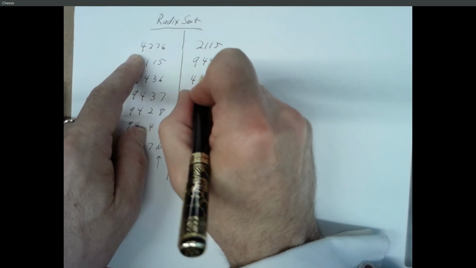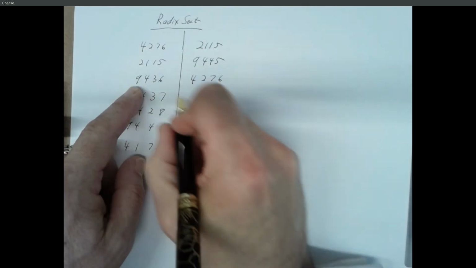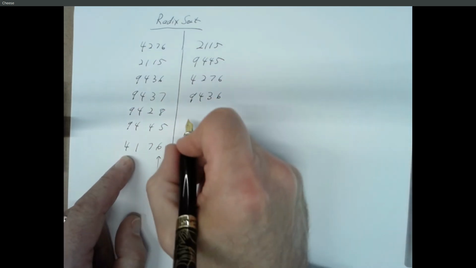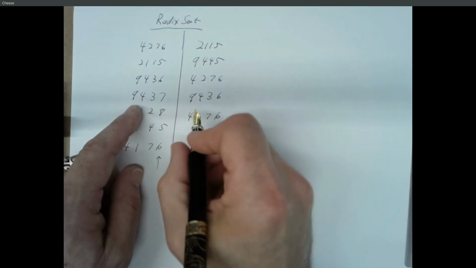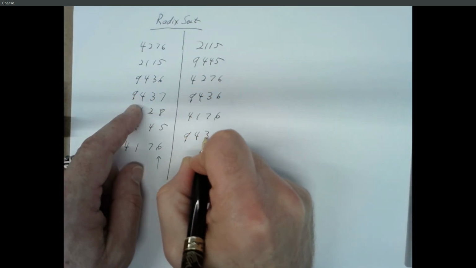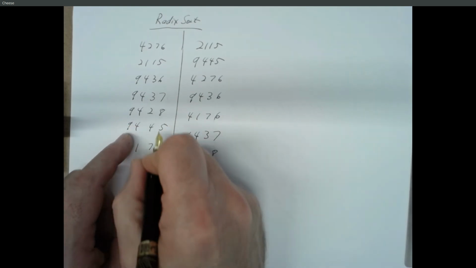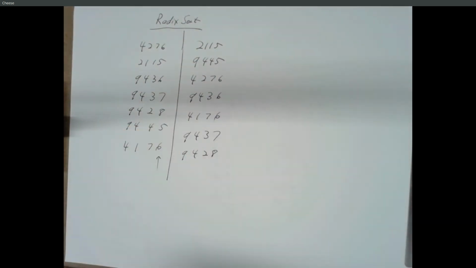There's a 6, 4276. There's a 6, 9436. There's a 6, 4176. Look for 7s: 777, and 9437. That's the end of the 7s. Look for 8s: 9428. And there's no 9s and no 10s.